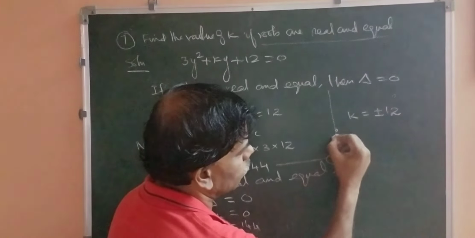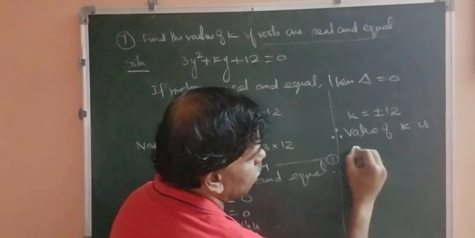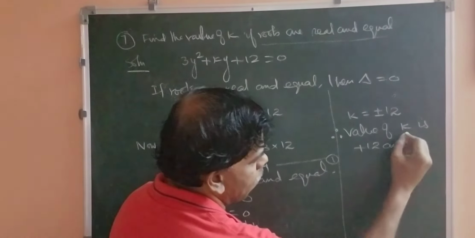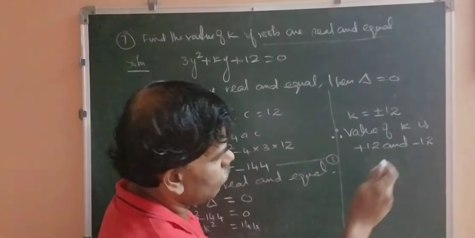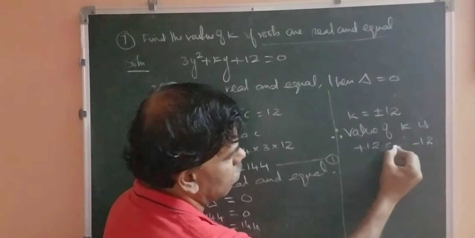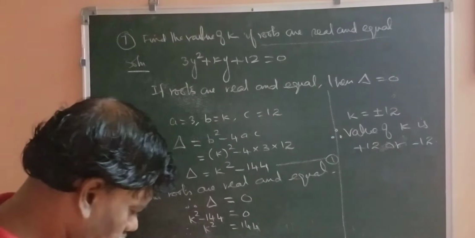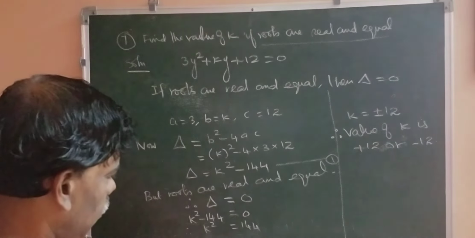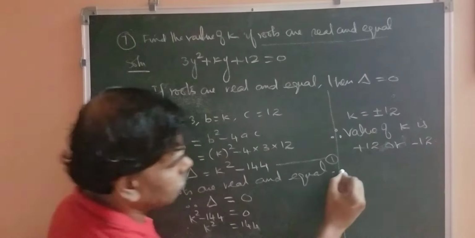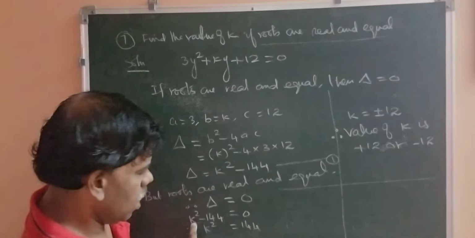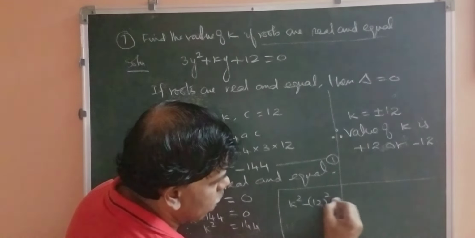Therefore, value of K is plus 12 and minus 12. Or you can write like this also here. Here you can write like this, K square minus 12 square.